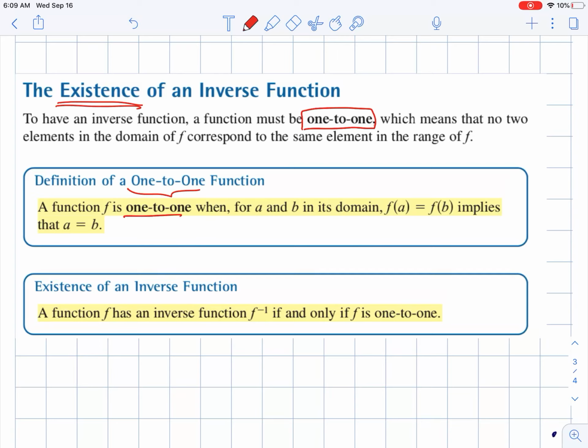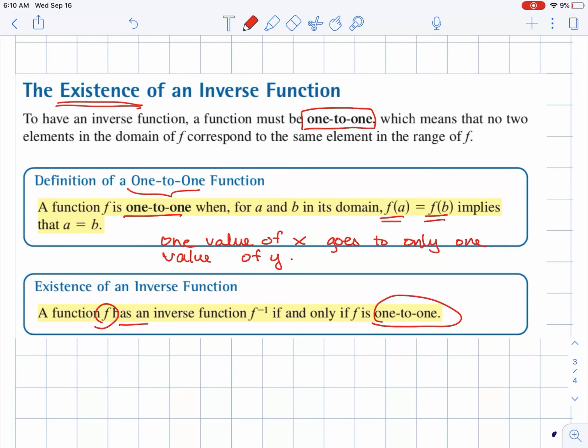So a function f is one-to-one when, for a and b in its domain, f of a equals f of b implies that it's the same value, okay? So one value of x goes to only one value of y.